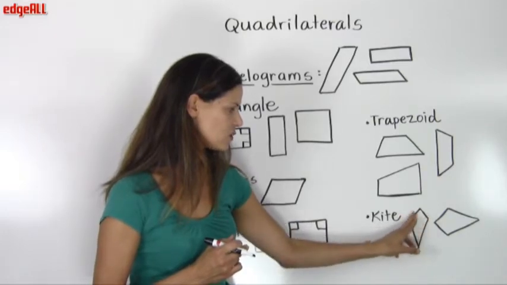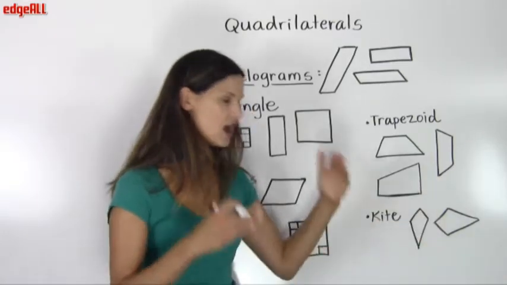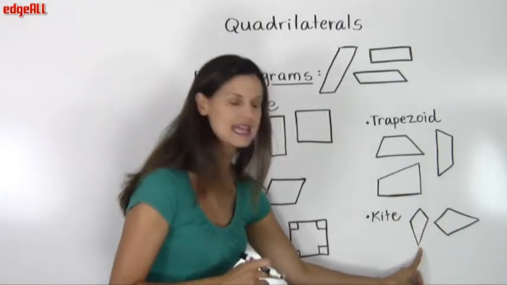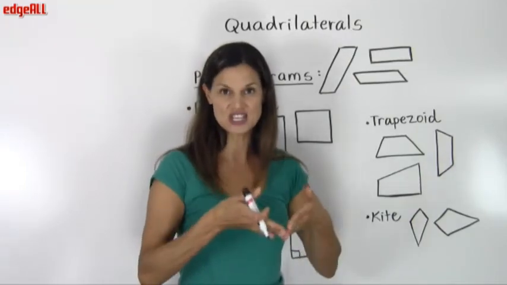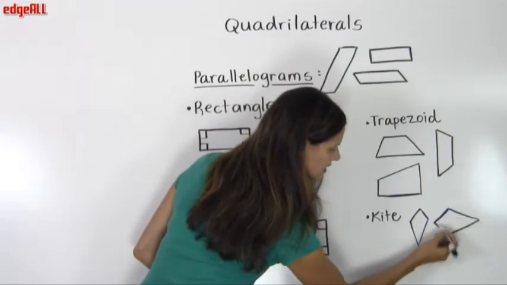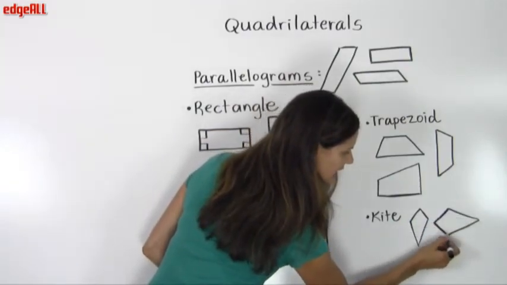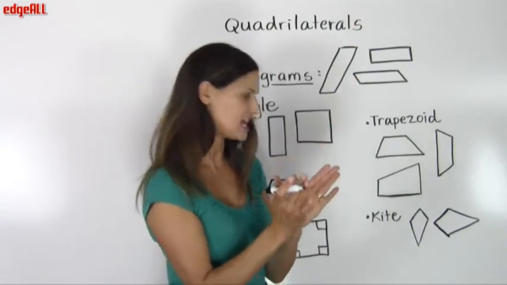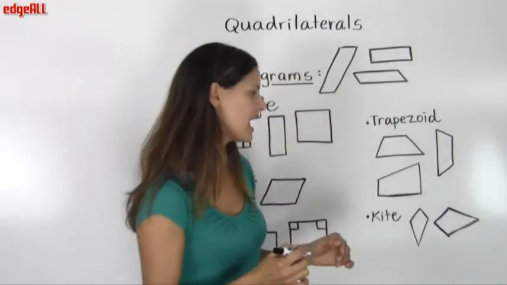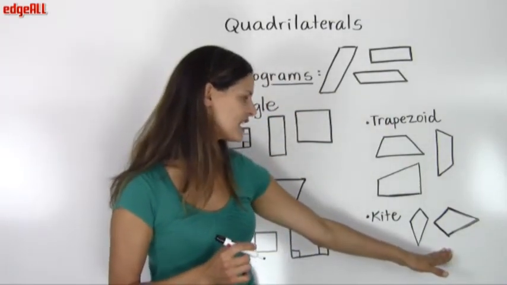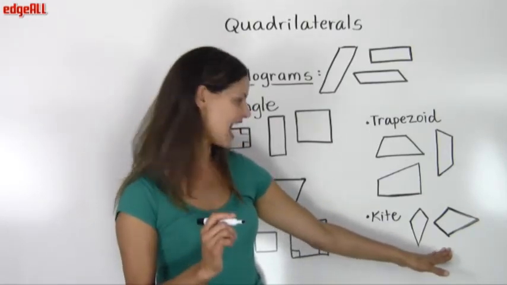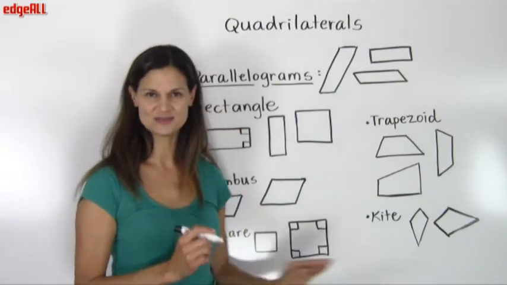So these two equal lengths touch each other. And then similarly, this length here is equal to this length here, and those two sides touch each other. They are adjacent. And then on this kite, this side here is equal in length to this side here, and they touch each other, they're adjacent, and this side here is equal in length to this side here. And so a kite, by definition, is a quadrilateral with two sets of equal sides adjacent to one another.